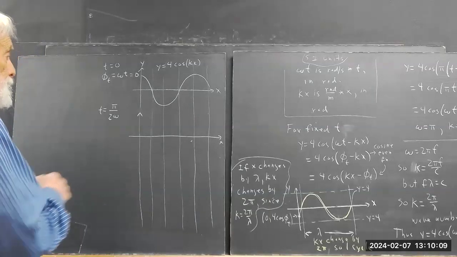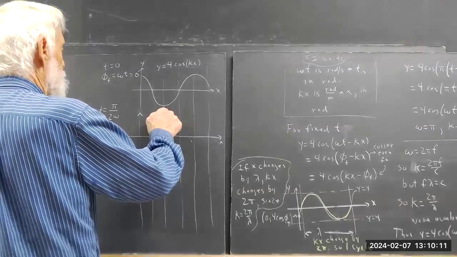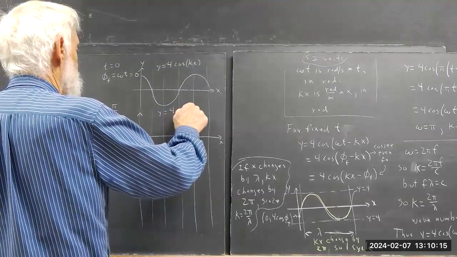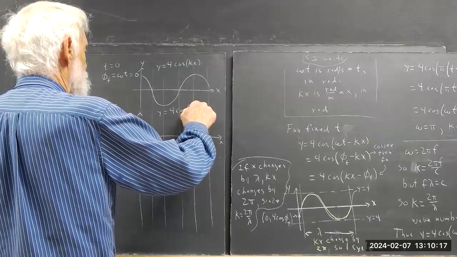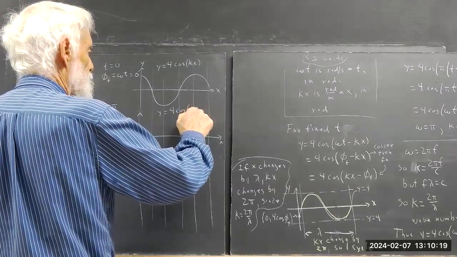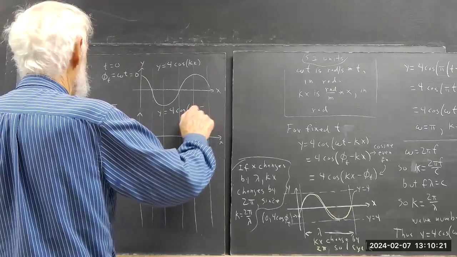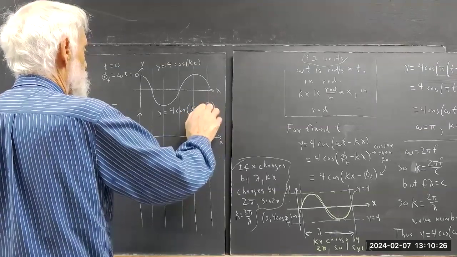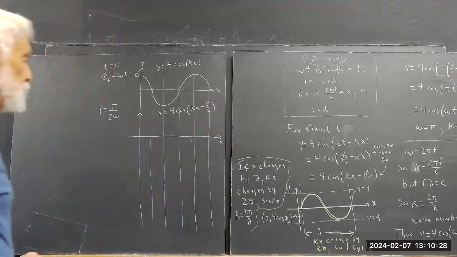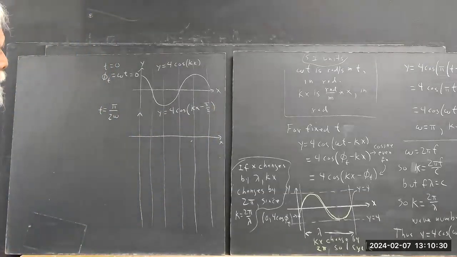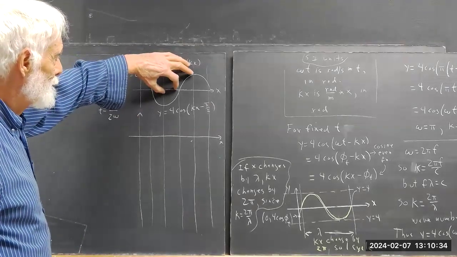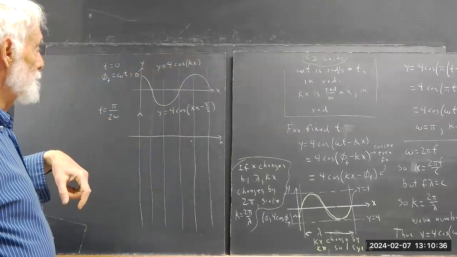In this case, we have y equals 4 times the cosine of kx minus pi over 2. Now, pi over 2 corresponds to this increment here.